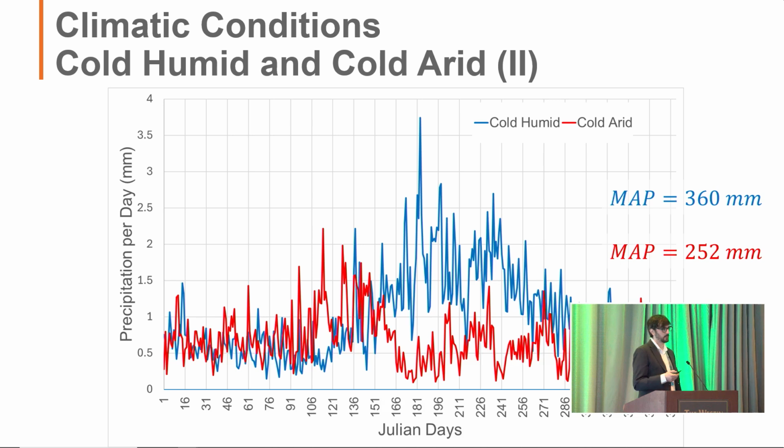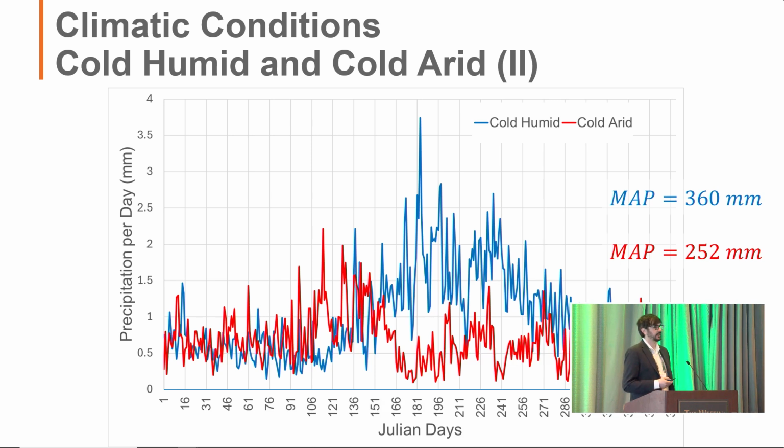So here we have the information of the rain, the precipitation per day for a year, for the arid and for the humid scenario, and we will run our model for at least 5 years, cycling this daily precipitation information through the 5 years, right?